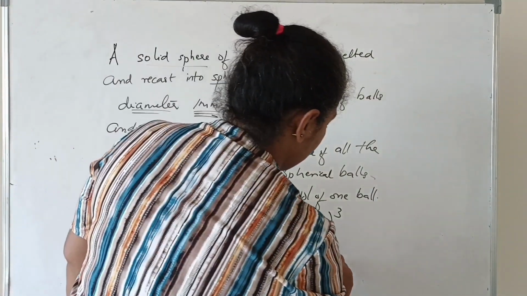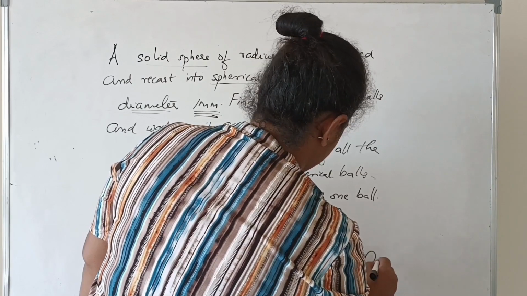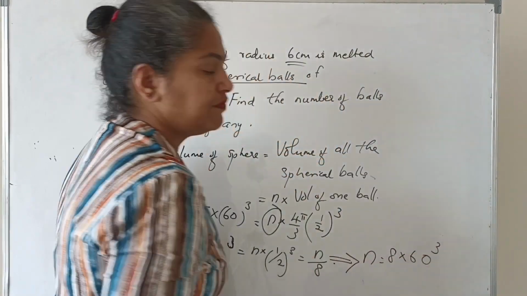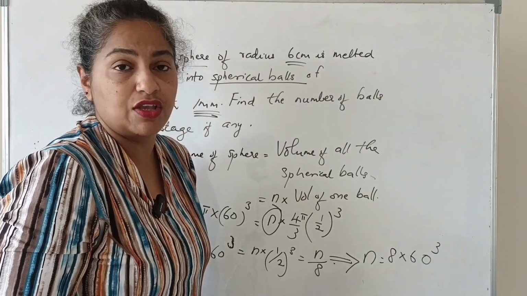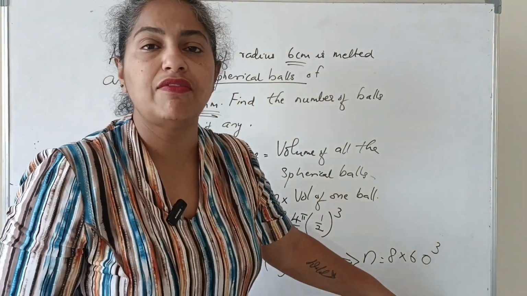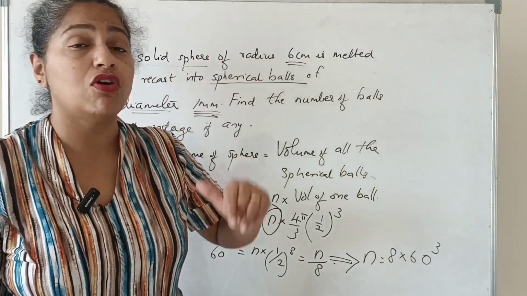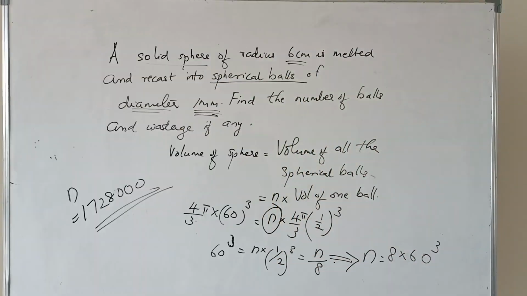Now, what is the value of n? n is 8 into 60 cube. So, we will find out the final value and see how many balls were made from one solid sphere of radius 6 centimeters. So, you will get the value of n as 1728000. So, that is the number of spherical balls that can be made from that solid sphere.